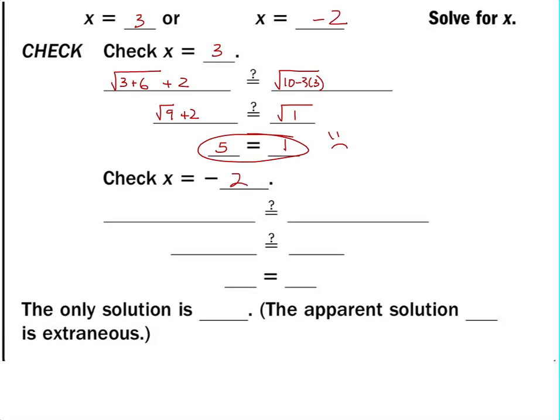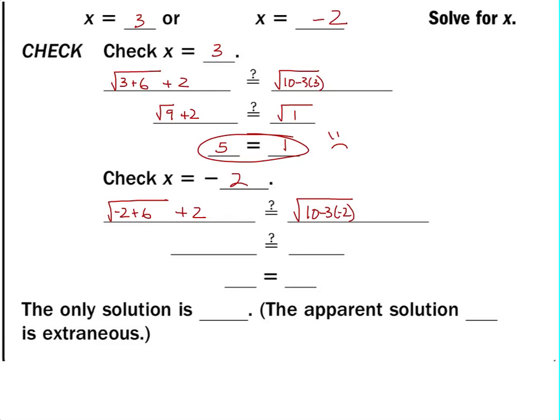Okay. Now we got to do negative 2. Same business. Putting it in for x, both sides of the original equation. On the left, we have square root of negative 2 plus 6 plus 2 equals square root of 10 minus 3 times negative 2.